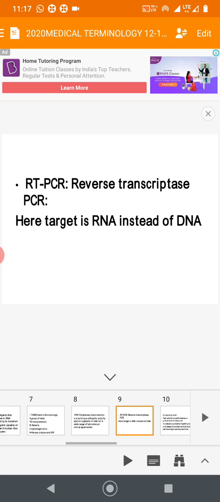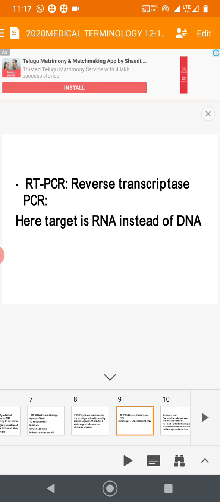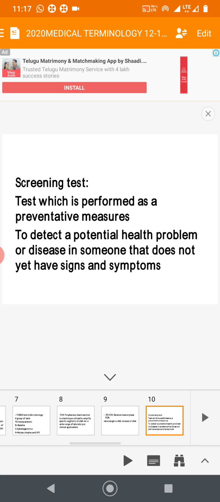That is PCR. There are different types. Briefly, RT-PCR is reverse transcriptase PCR. Here the target is RNA instead of DNA. What is the meaning of screening test? For example, a screening test for diabetes.